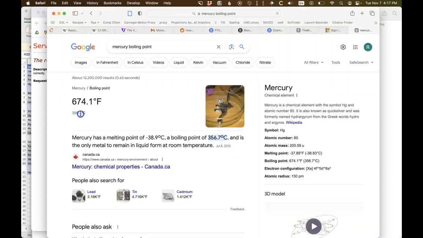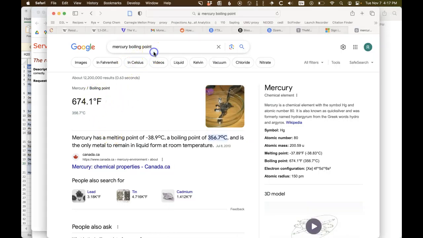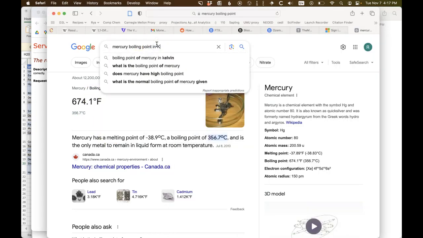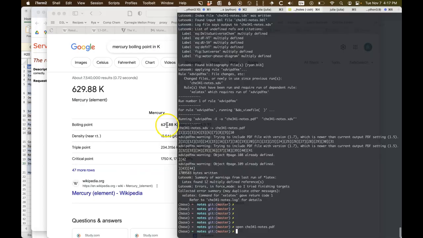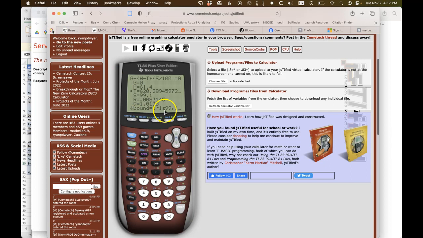Mercury's boiling point is 356.7 Celsius, which is actually not in terrible agreement with 630 Kelvin. The guess we just made was 620 Kelvin. Really pretty good agreement, especially given how far we're trying to extrapolate H and S. We know the values at room temperature. 620 Kelvin is a very, very different temperature, but still pretty good agreement there.